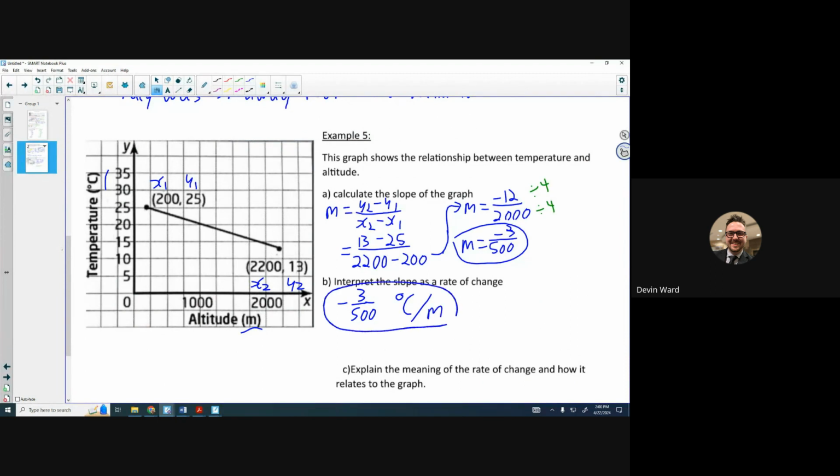Or if you're interpreting it like this, it might be easier to put it as a decimal, which is 3 divided by 500, equal to negative 0.006 degrees Celsius per meter.